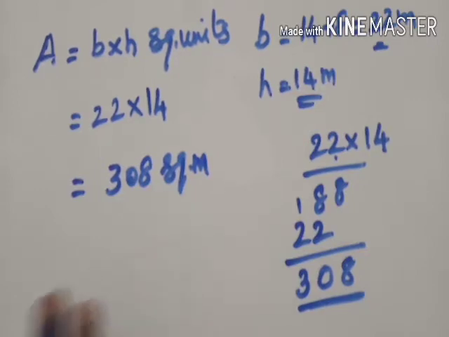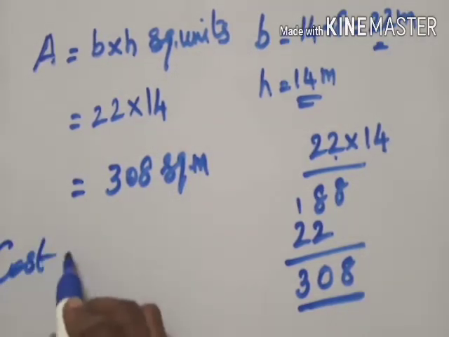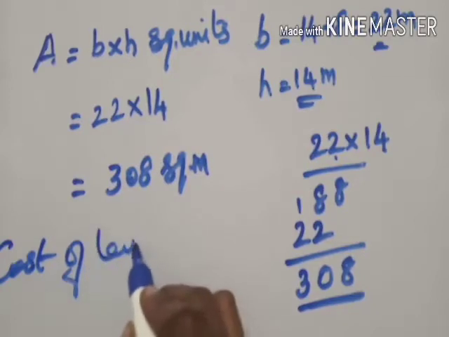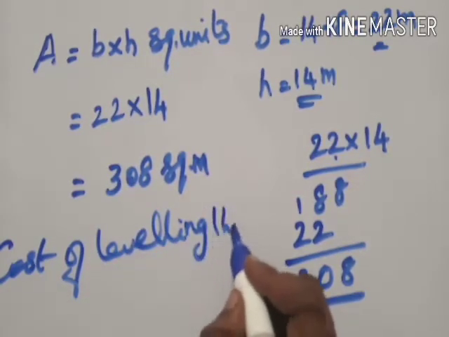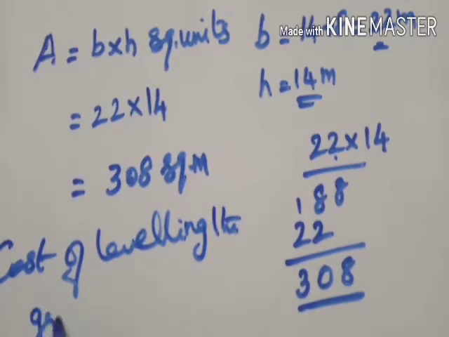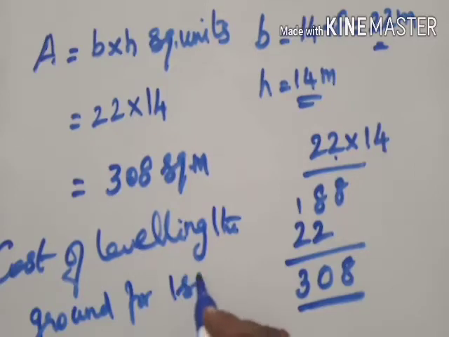Now we have to level that ground. The cost of leveling the ground for 1 square meter is given in the question paper. Cost of leveling the ground for 1 square meter is equal to rupees 15, right?